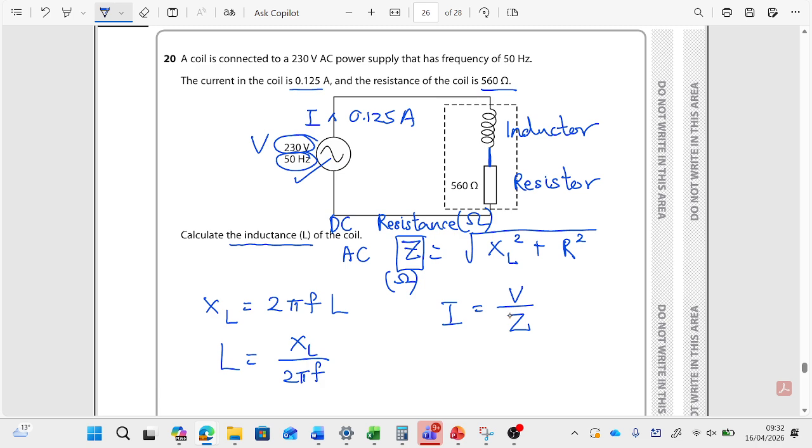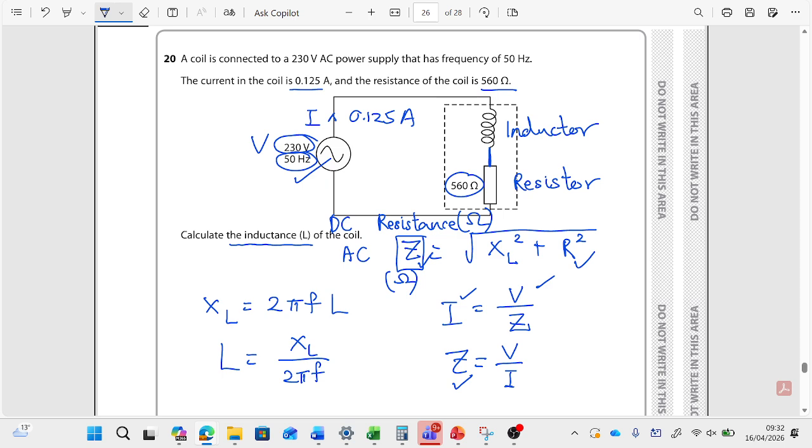I know V and I, so I can find Z. Z is equal to V over I, or R equals V over I, same thing, right? It's Ohm's law. So if I find Z, and I know the resistance already, I can find XL. And if I find XL, I can find the L.